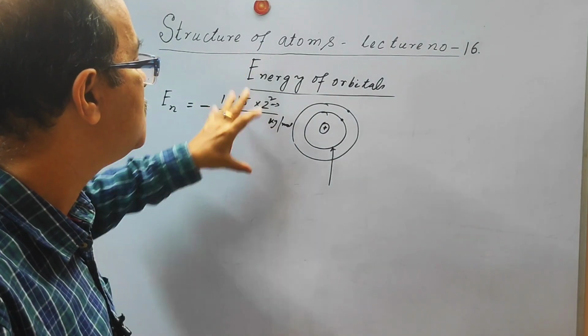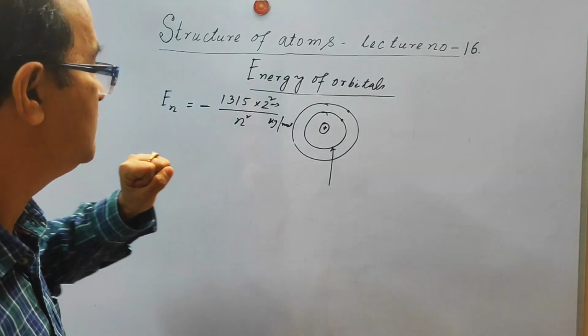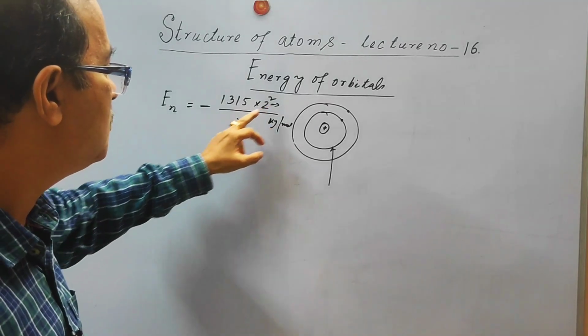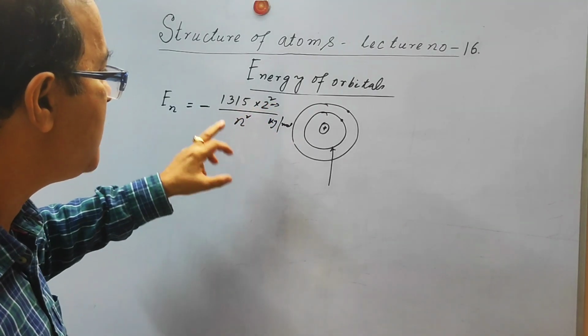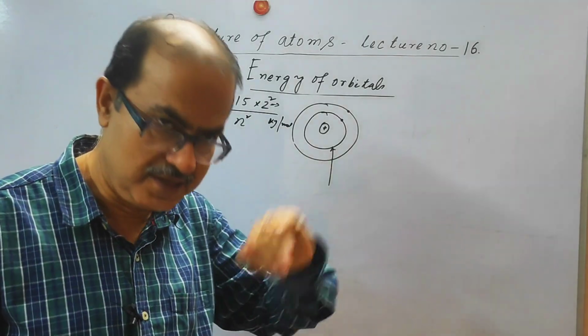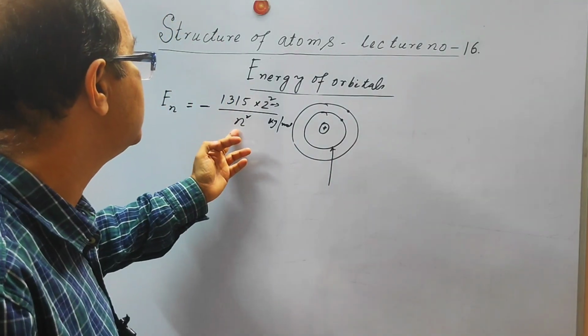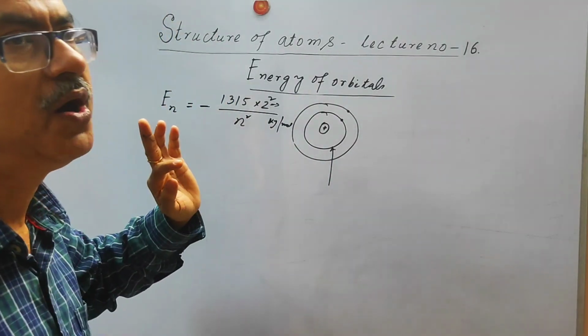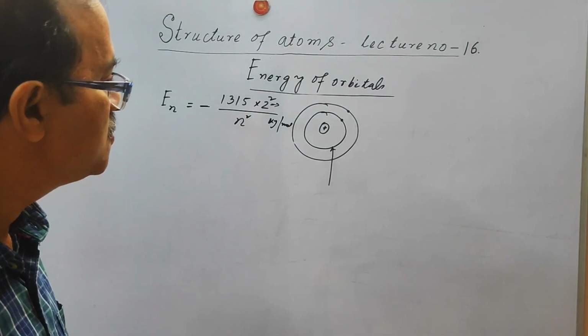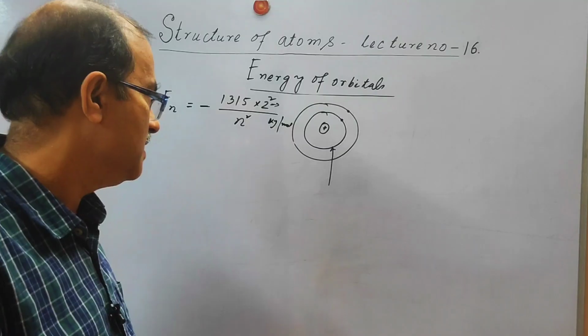More negative means it will have lesser energy. That you have to understand. So from this point of view, we can understand that as Z increases, the energy of the orbital decreases, and as n increases, the energy of the orbital increases. So this is the relation you can see.